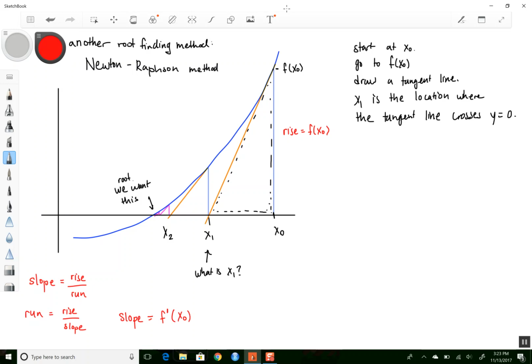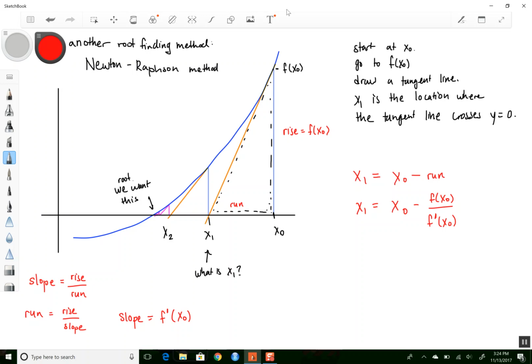Yeah, okay. So if this is my run, then x1 is equal to x0 minus the run, which in this case would be x0 minus the rise, which is f of x0, divided by the slope, which is f prime of x0.